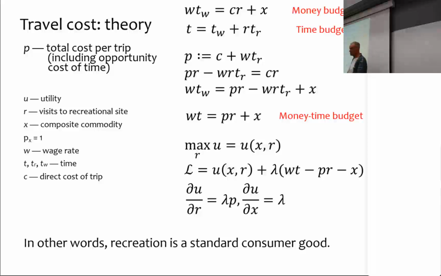Essentially, if you are saying time is money, then recreation becomes a standard economic good that you can just stick in your micro and derive a demand curve for. And that is the key assumption that we're making here. Time is money, right? Through this equation here and then through this.